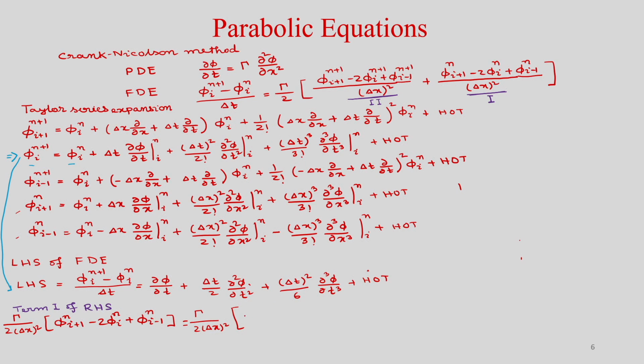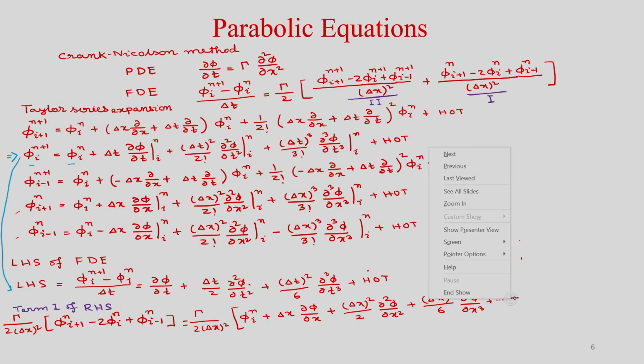So, it will be phi I n plus delta x del phi by del x plus delta x square by 2 del 2 phi by del x square plus delta x cube by 6, factorial 3 is 6, del cube phi by del x cube, and other higher order terms we are not writing.